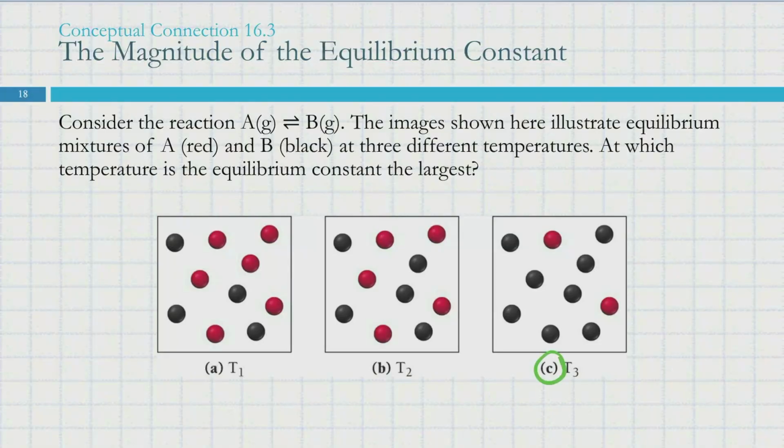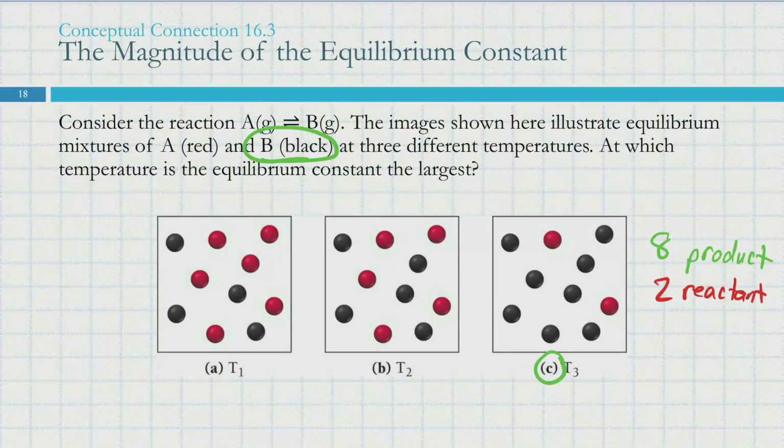Yes, it is C. It's C because we've got the most product. We have, how many do we have? 1, 2, 3, 4, 5, 6, 7, 8. 8 product, 2 reactant.